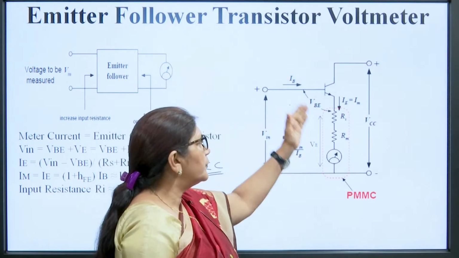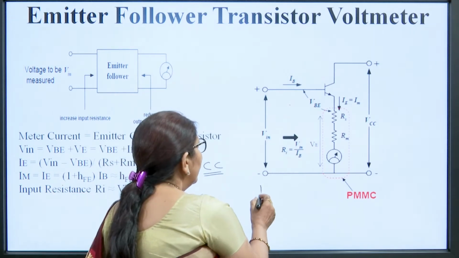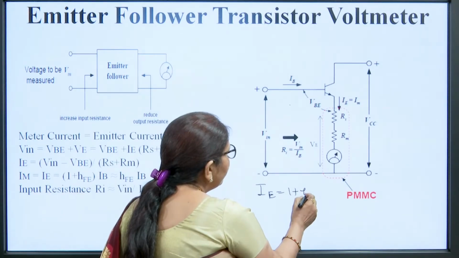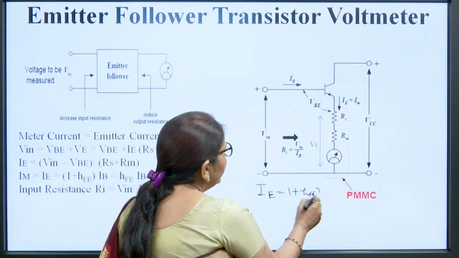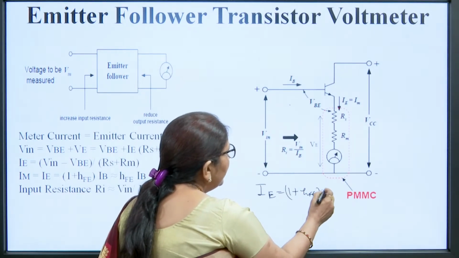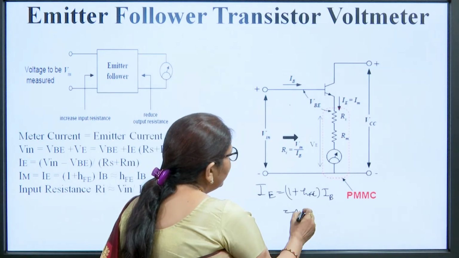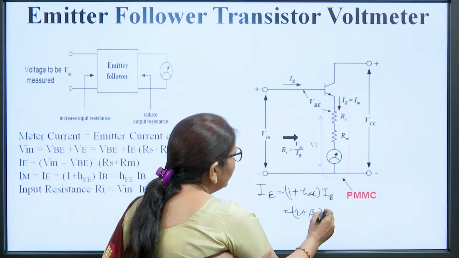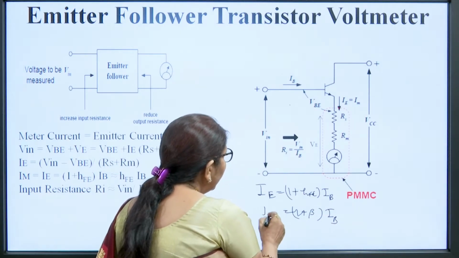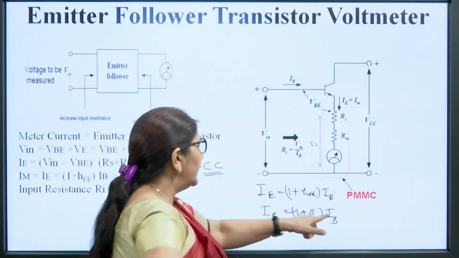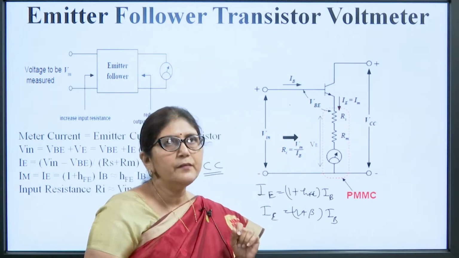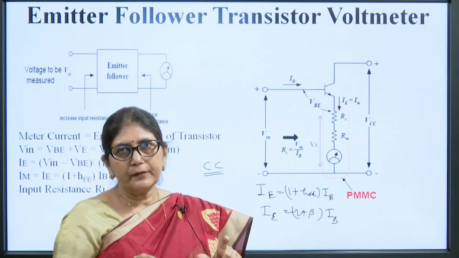There is a relationship between IE and IB: IE is equal to 1 plus HFE into IB, or we can say 1 plus beta into IB. So, this emitter current IE is following the base current, which is why this meter is known as the emitter follower voltmeter.